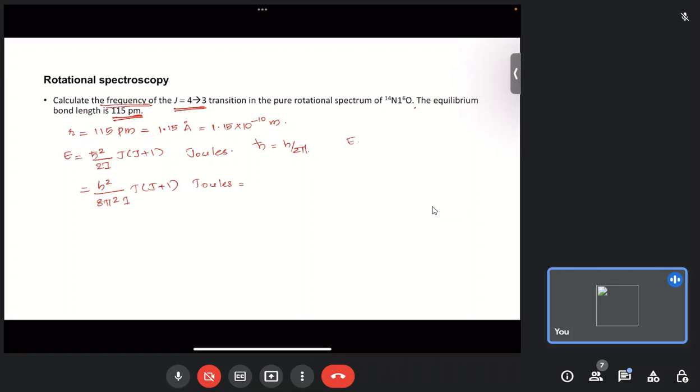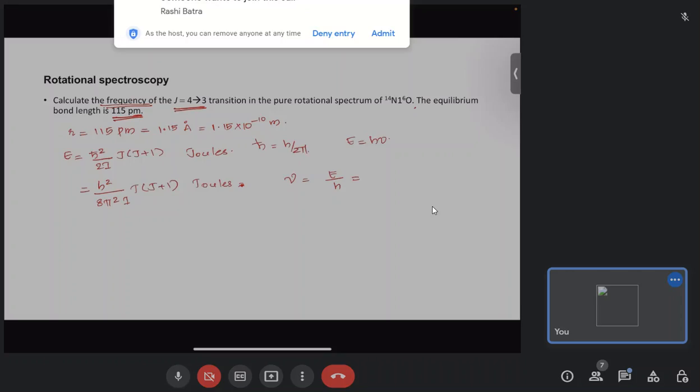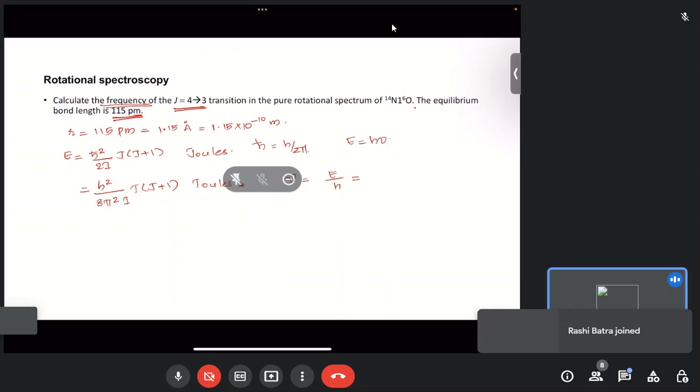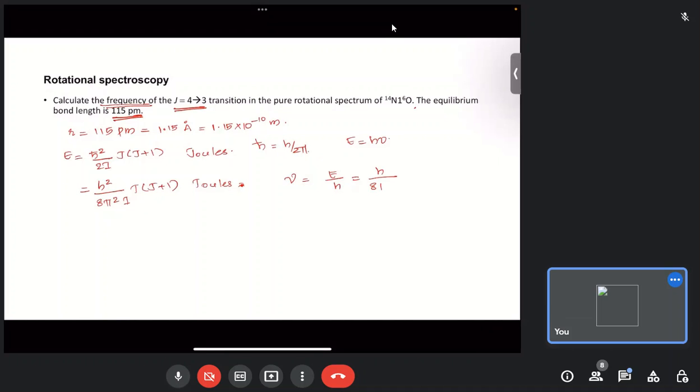So E is equal to h nu, and we are supposed to find nu. So nu is equal to E by h, which is going to be h by 8 pi square I into J into J plus 1.